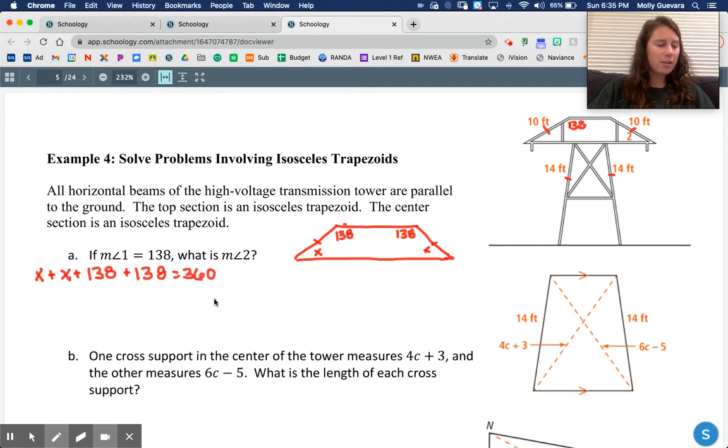Okay, and then just start combining like terms. So x and x is 2x. 138 and 138 is 276. And that equals 360. Okay, I'm going to subtract that 276 to the other side.